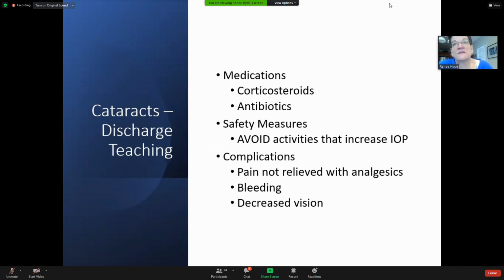Some physicians will give something like hydrocodone, though I will tell you that with the new prescription rules, hydrocodone is not given as often as it was anymore. If they experience bleeding, or if they experience decreased vision, those are the three complications that they need to contact the physician and be seen.